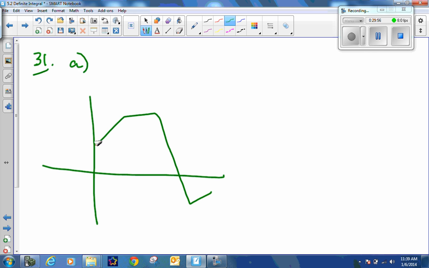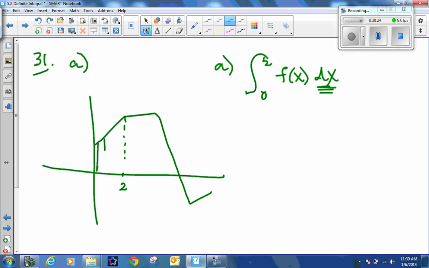Part A says we are looking for the integral from 0 to 2 of f of x dx. Remember, the dx is just what replaced the change in x from the Riemann sum. In your graph, 2 is right here, so basically you are looking for this area for part A.